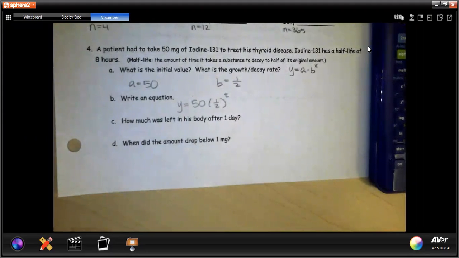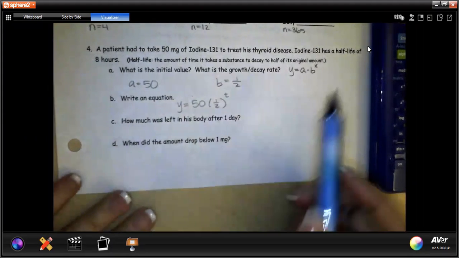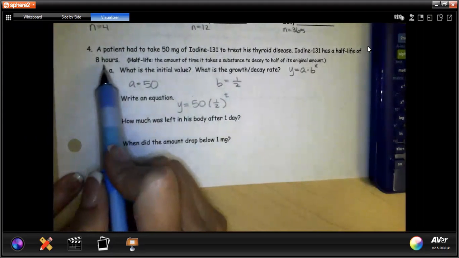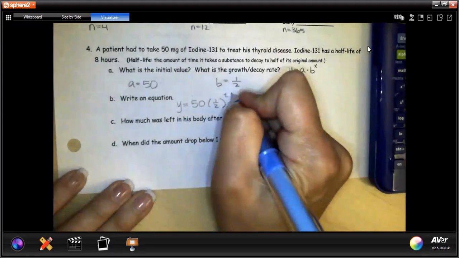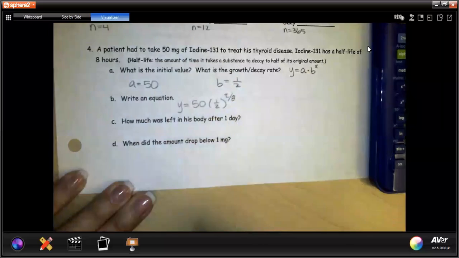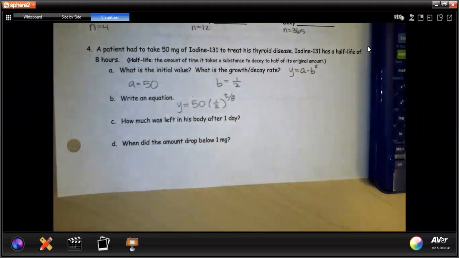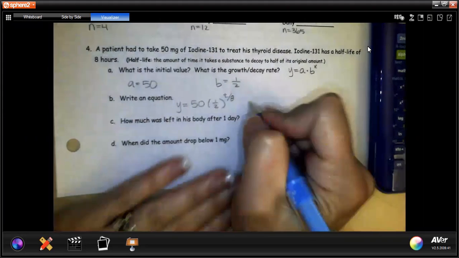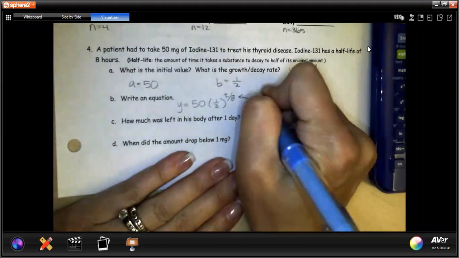We don't want it to half every hour because it says it halves every 8 hours. So I need to divide this time by 8. That way it is doing it every 1/8 of an hour so that it does the full thing after 8 hours and gives us our entire half. So we are dividing by 8 here.